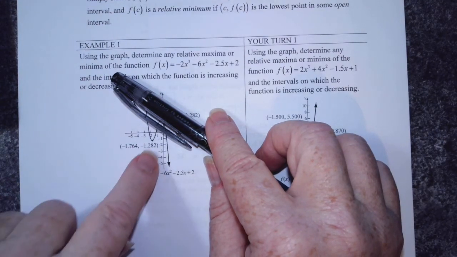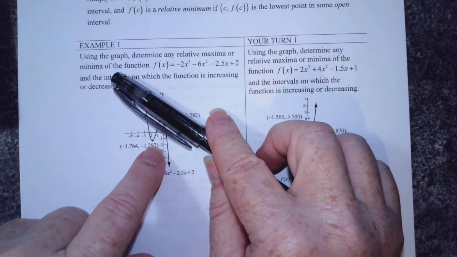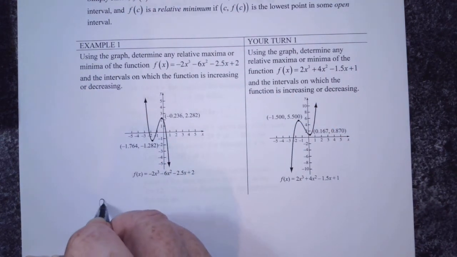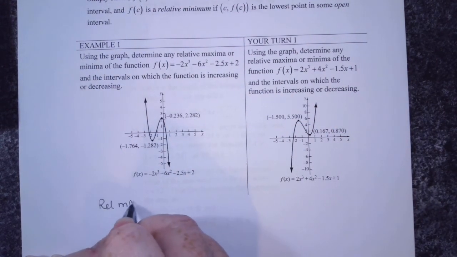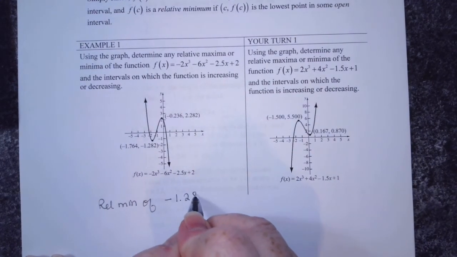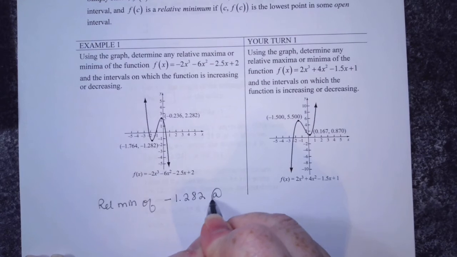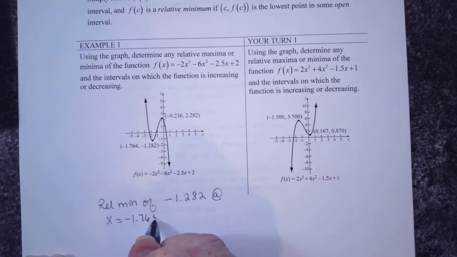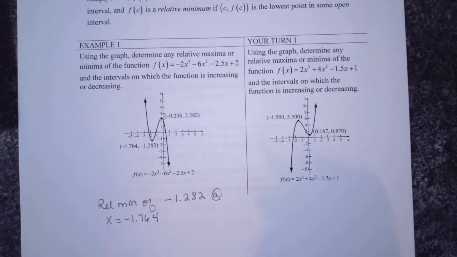It's a low point, right? If we poured water down there, it would be collecting at that point. So we would have a relative minimum of -1.282 at x equals -1.764.